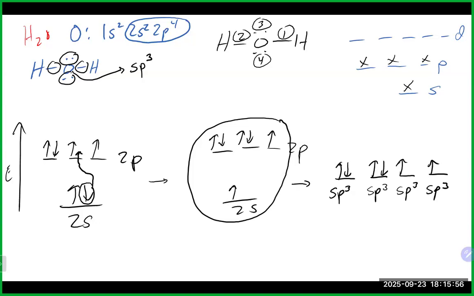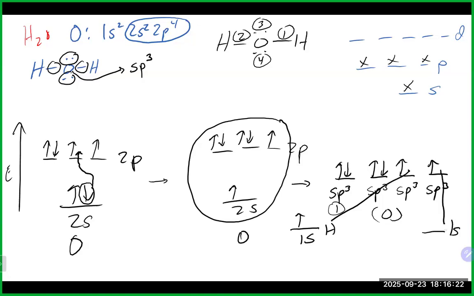Again, what that's going to allow is for some bonding to occur here. For example, this sp3 hybrid orbital, again, all this is oxygen, right? This oxygen's hybrid orbital has the ability to bond with the 1s orbital from hydrogen, as again, hydrogen will not hybridize. So that's going to be our first bond we see there in water. This guy also has the ability to hit that 1s orbital there from hydrogen and make our second bond.